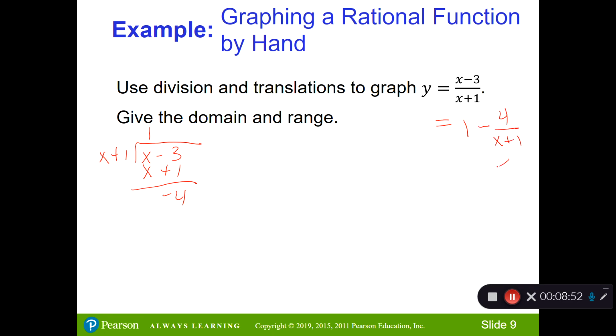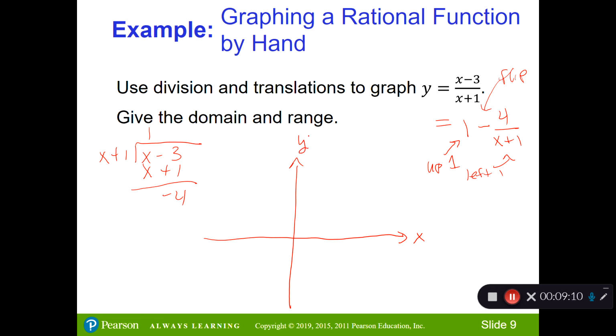Now we see this is left 1 unit, flip, and then this is being added outside, so up 1. All right, so if we do that, now we have the 0, 0.